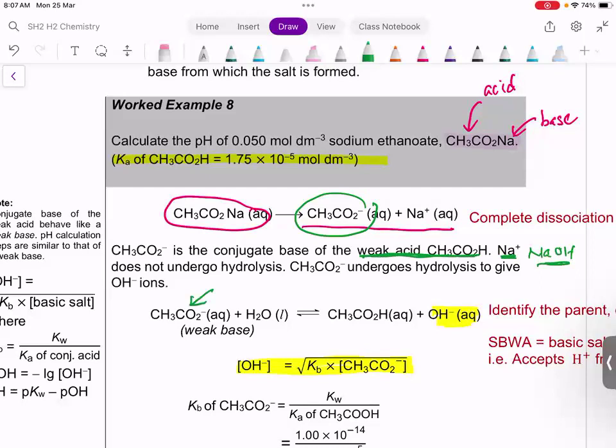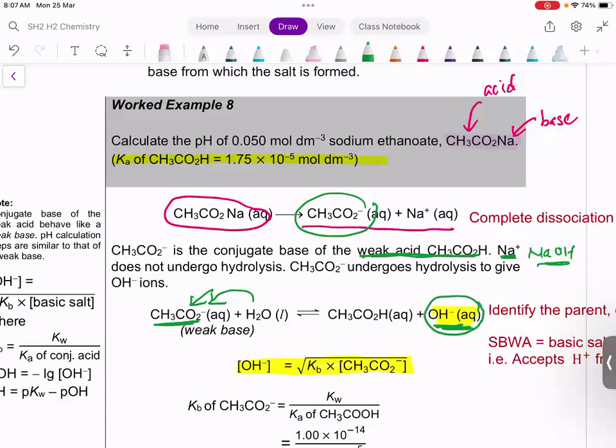Now remember, strong base, weak acid produces a basic salt. Basic salt means that OH- will be released. So the OH- release must come from your anion, A-. During this proton transfer, OH- will be released.